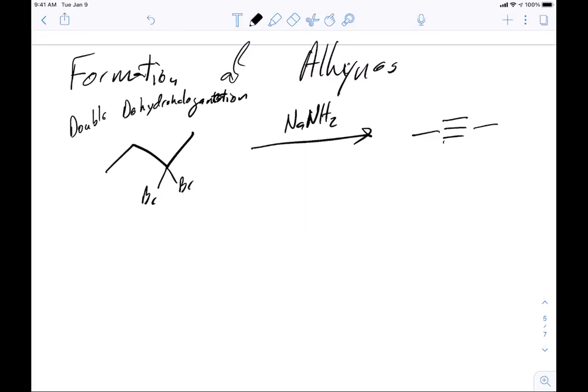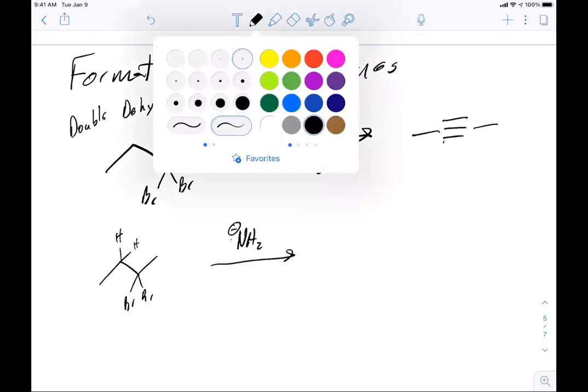So we usually add an amide. The reason we need a strong base here is not the first step.